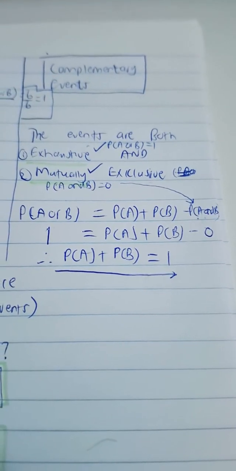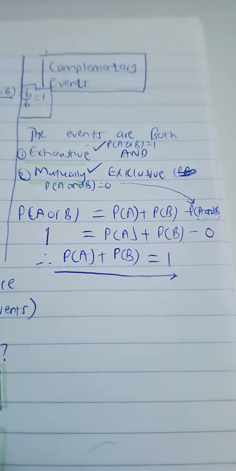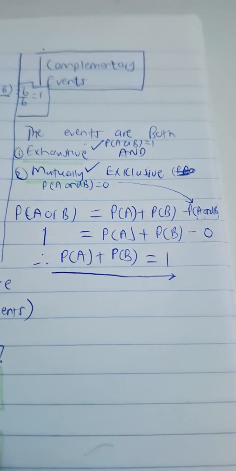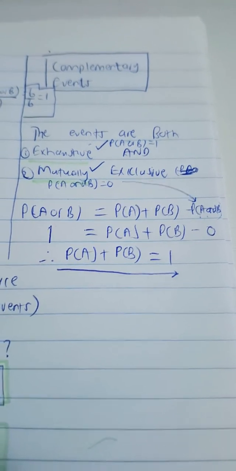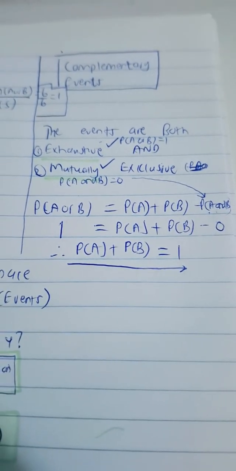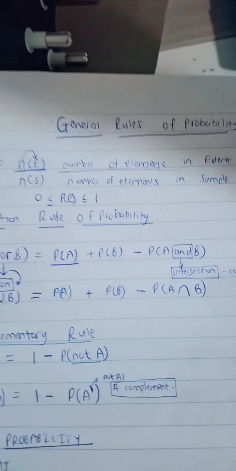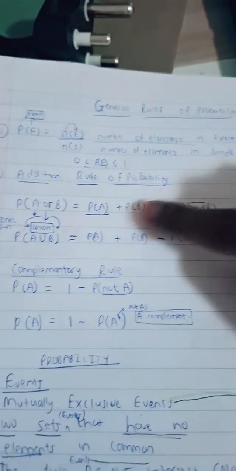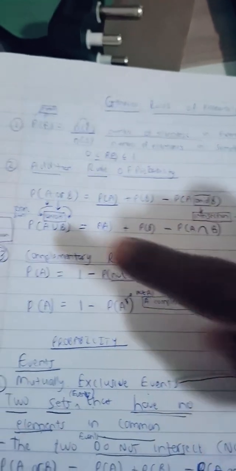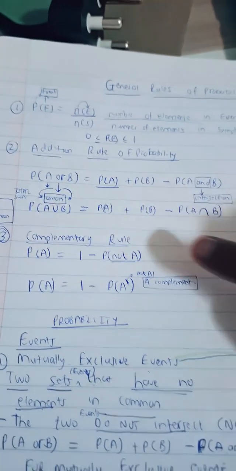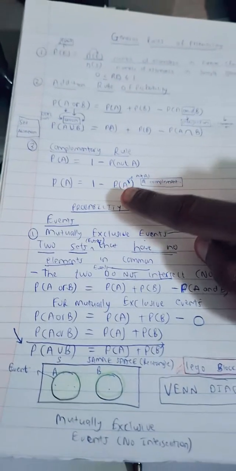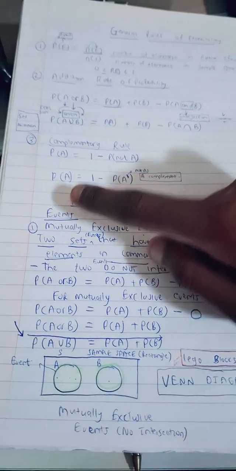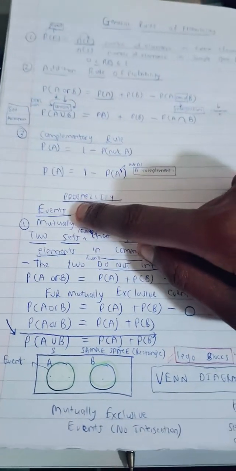Those who came midway, you can go and check out from the beginning so that you can move with the content as I was explaining it. It's quite a bit that we did because today we're focusing primarily on the general rules of probability, starting from the basic definition of probability to the addition rule of probability, the complementary rule of probability. Then we looked at these events and explained them even through Venn diagrams.